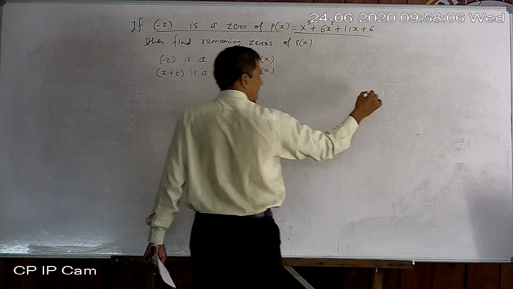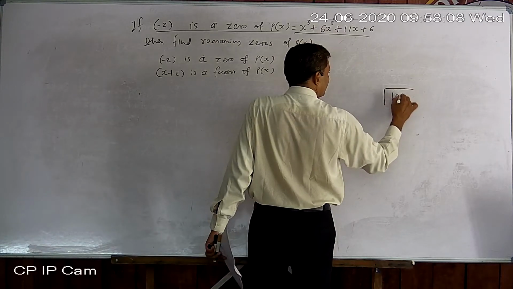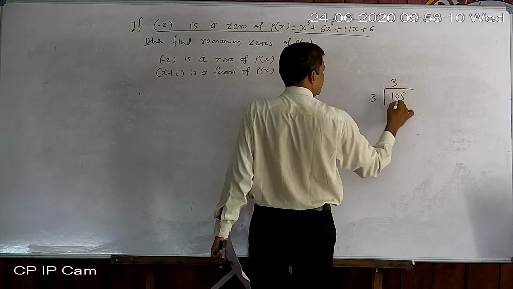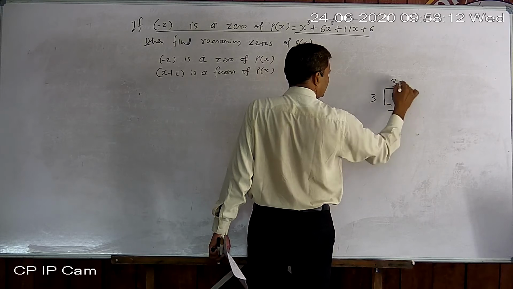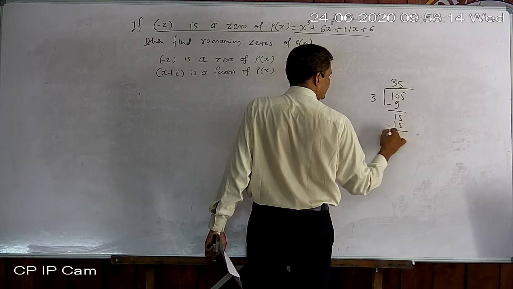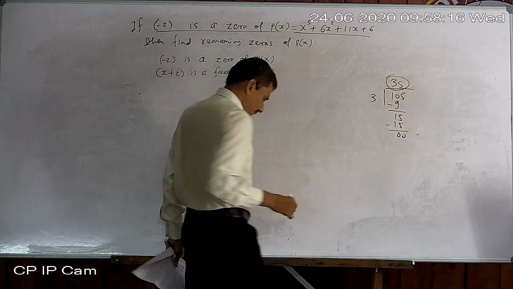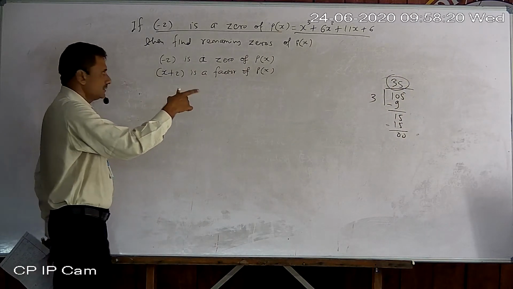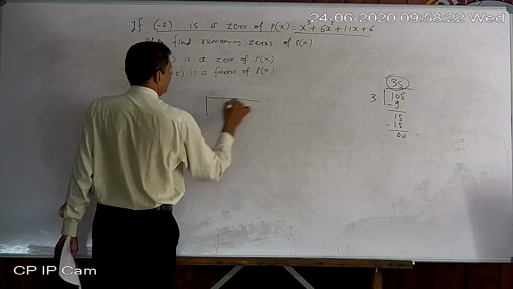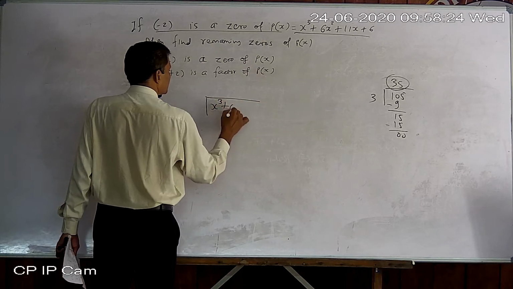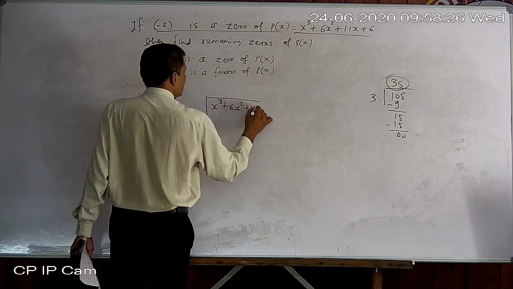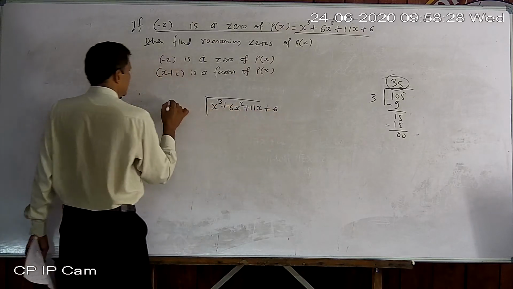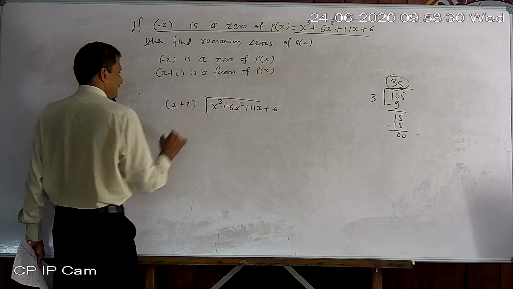Okay, here I divided 105 by 3, so 3 3s are 9, 1 5, 3 5s are 15, 0. So the remaining factor is obtained at the quotient. So divide x cube plus 6x square plus 11x plus 6 by x plus 2.